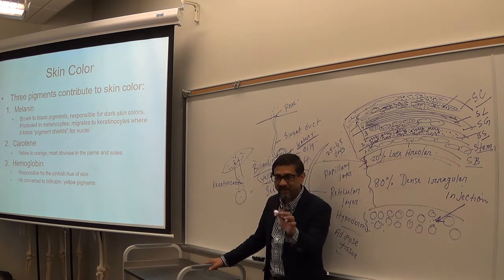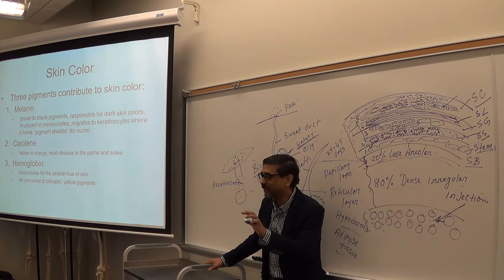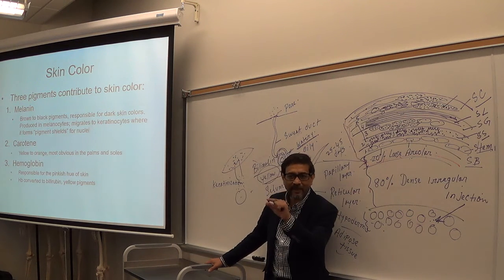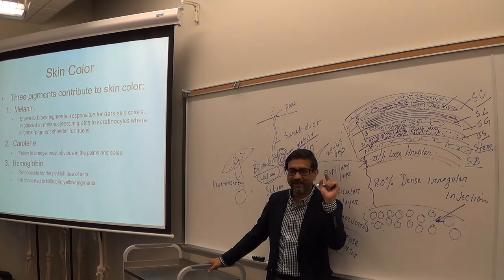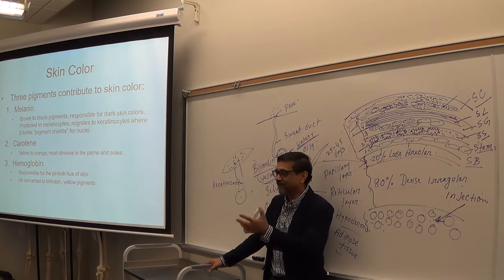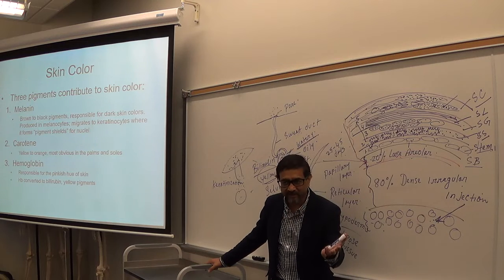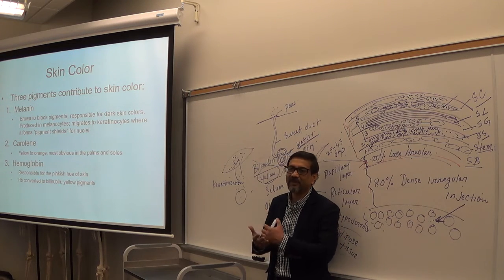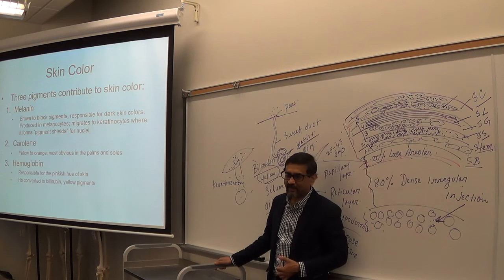So now you can see that by looking at the change of skin color, you can diagnose some clinical conditions, right? You can tell this person might have anemia if you see the skin is pale. You can say this person might have jaundice if you see the skin or mucous membrane is yellowish. Make sense?